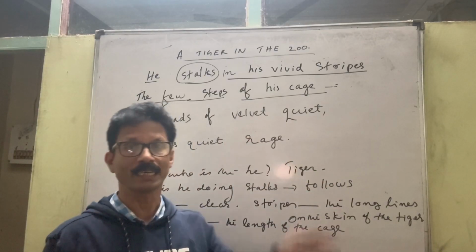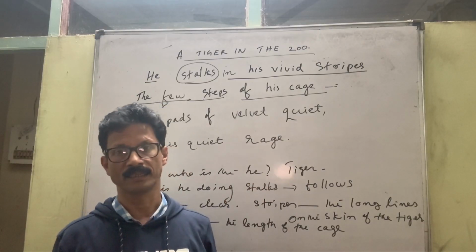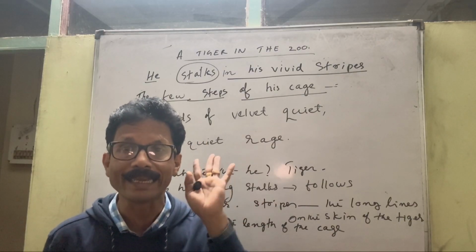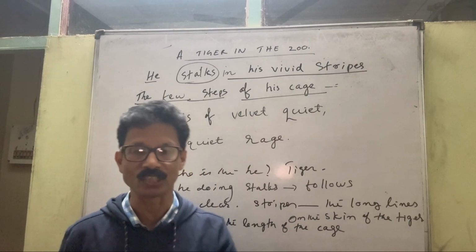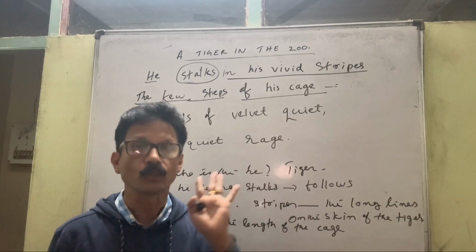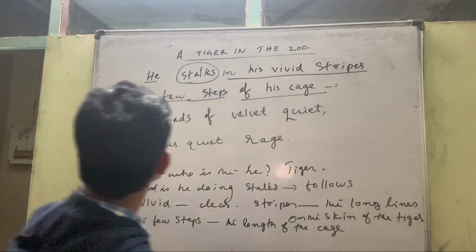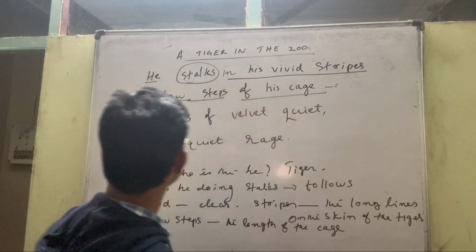But here man has controlled the movement of the tiger. How many steps he can walk is already decided by the cage, by the authorities who have made the cage. So he stalks in his repeated steps, the few steps of his cage.